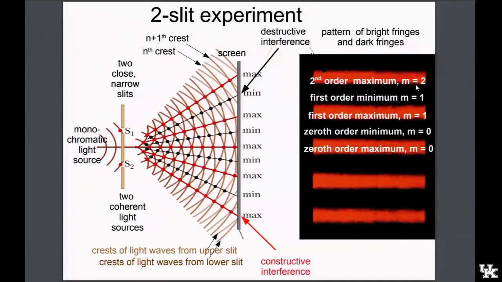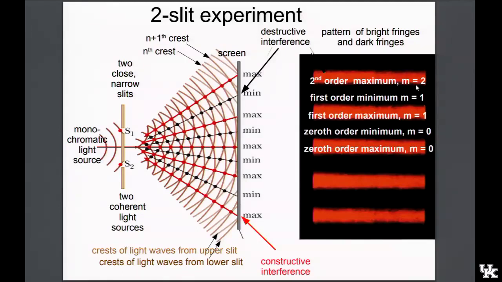Here's me trying to indicate the light brown ones, and here's me trying to indicate the dark brown ones. The light brown ones are centered on one slit, and the dark brown ones are centered on the other slit. So the dark brown are emerging from the lower slit, the light brown from the upper slit, and they represent the crests of the light waves that are emerging from the top and the bottom slits.